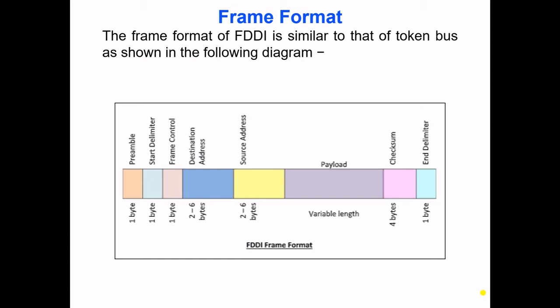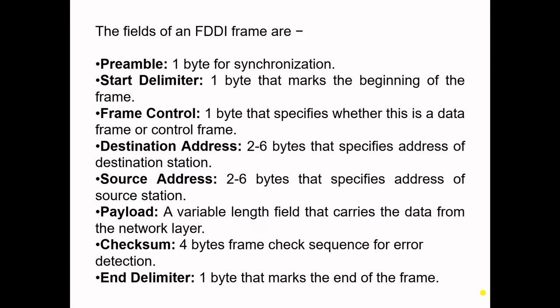For the destination address 2 to 6 bytes are used. For the source address 2 to 6 bytes are used. The payload field is of variable length, with no fixed length. For the checksum field 4 bytes are fixed, and for the end delimiter 1 byte is required.